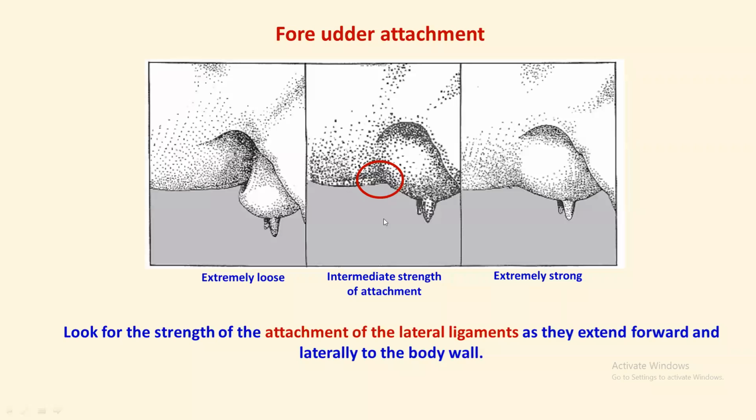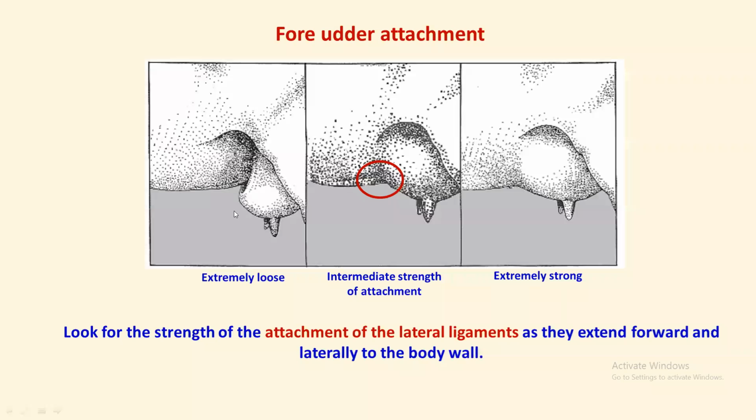If the udder has a loose attachment, as in the first animal, a steeper angle will be formed. But if the udder is attached tightly with the body walls, then the angle will be lesser. See, in the first one, the angle is more.